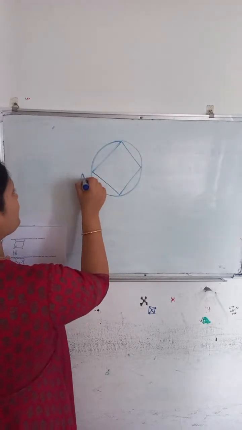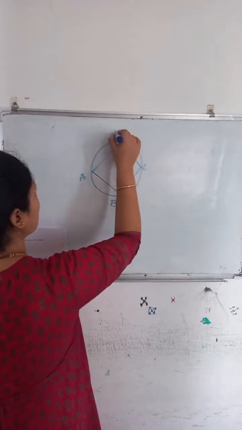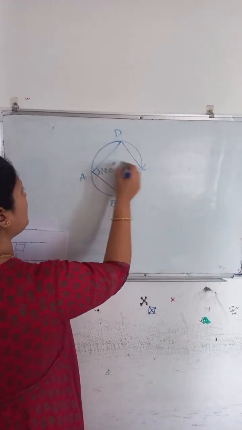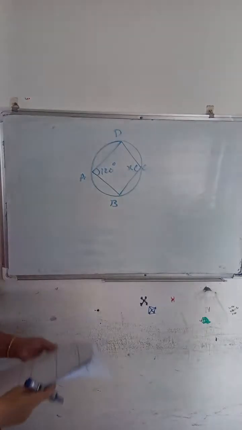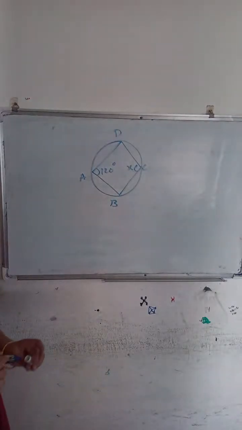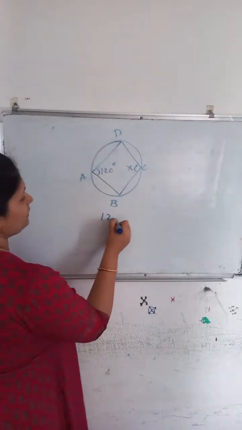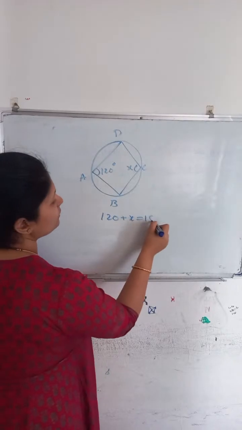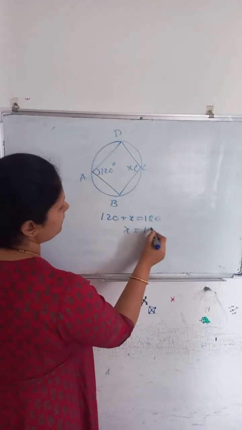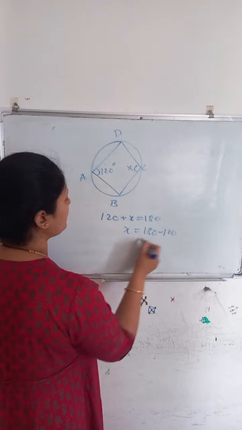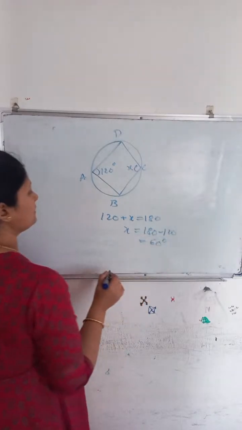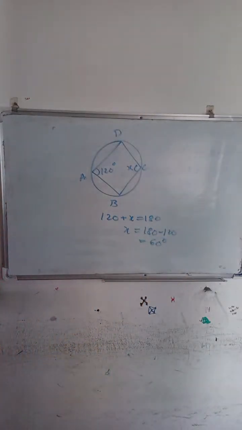This is A, B, C and D. This is 120, then they are asking this. So we know that in a cyclic quadrilateral the opposite angle sum is 180 degrees. So here we can write 120 plus x is equal to 180. So x is equal to 180 minus 120, which is 60. The option is also there, 60. Yes, according to the options, C is the correct answer, that is 60.